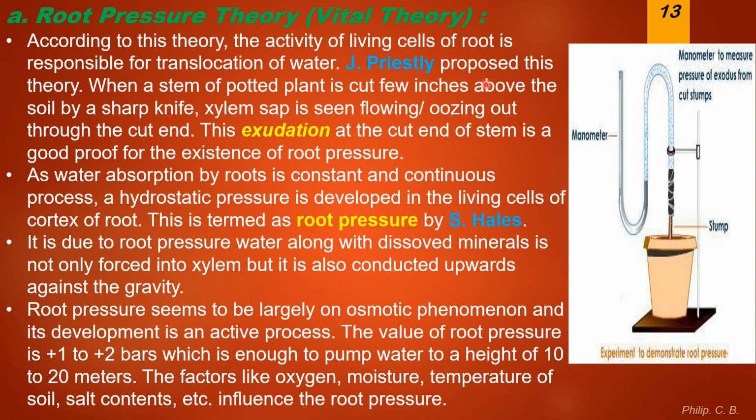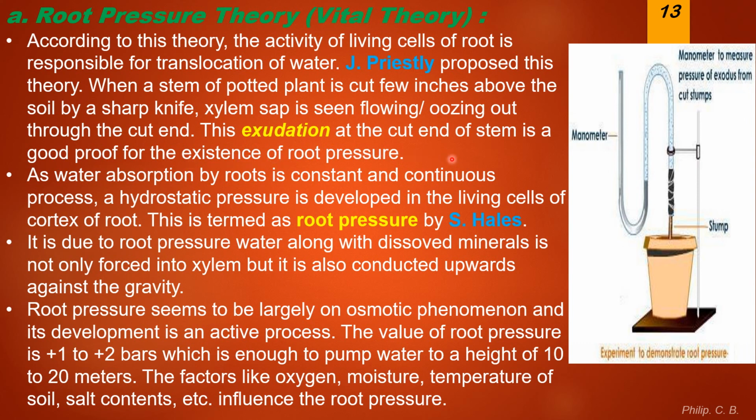J. Priestley proposed this theory when a stem of a potted plant is cut a few inches above the soil by a sharp knife. Xylem sap is seen flowing or oozing out through the cut end. This exudation at the cut end of the stem is a good proof for the existence of root pressure.